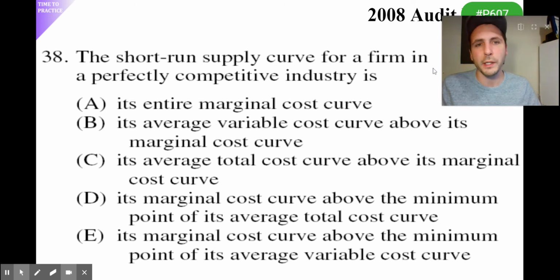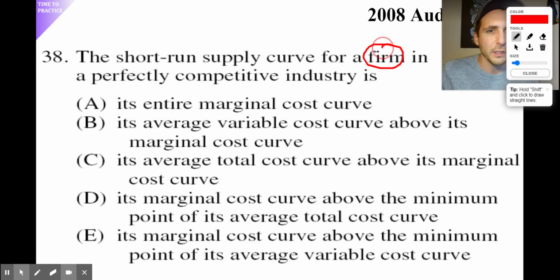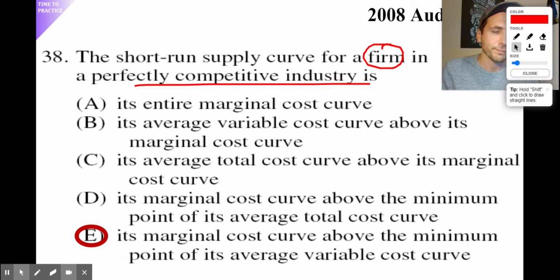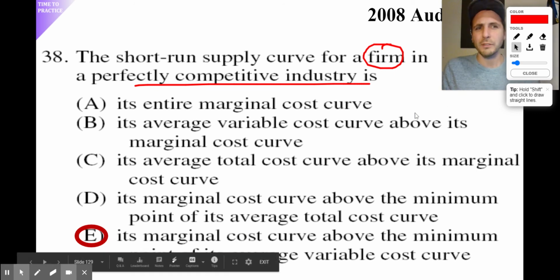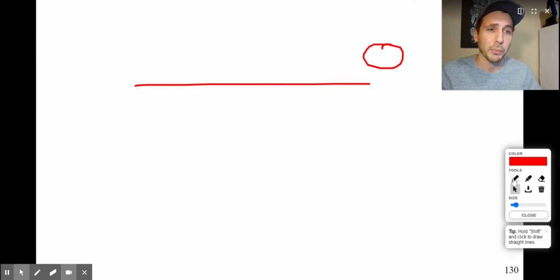The short run supply curve for a firm, keyword there is firm, an individual firm in a perfectly competitive industry is... Well, the answer is going to be its marginal cost curve above the minimum point of the average variable cost curve, right? Why does it have to be above the minimum point? Because anywhere below that, we're going to shut down. So we're not actually going to produce any quantity at all. So it's not a supply curve at that point.